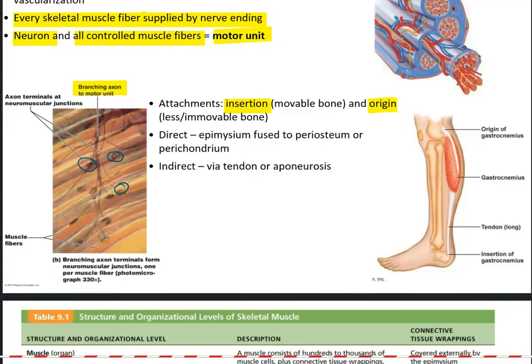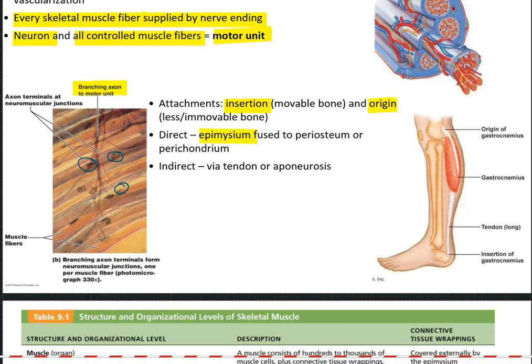Now, muscles attach to the bones via periosteum. Remember, each bone has a layer of connective tissue called periosteum. And every muscle as an organ is surrounded by similar connective tissue called epimysium.